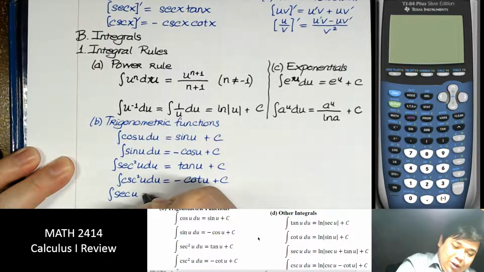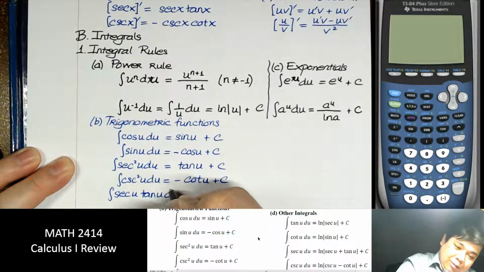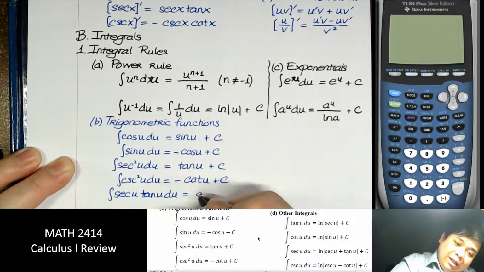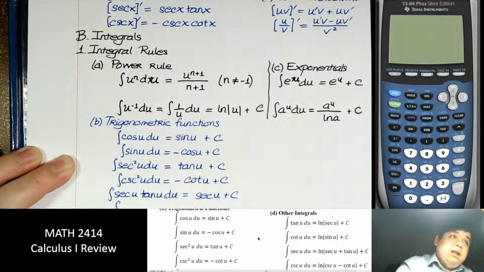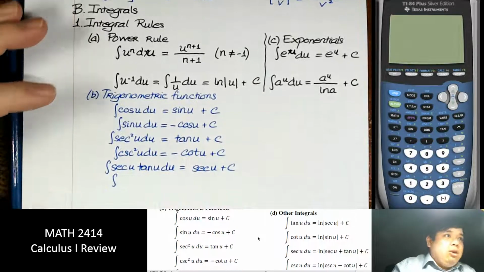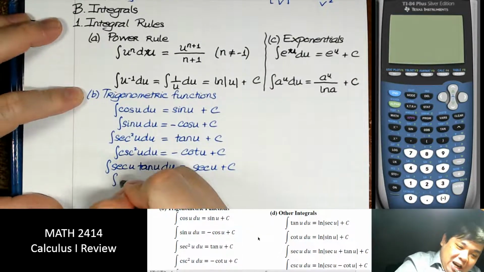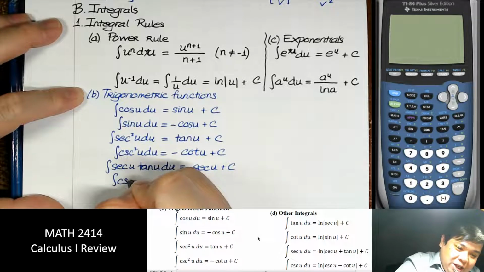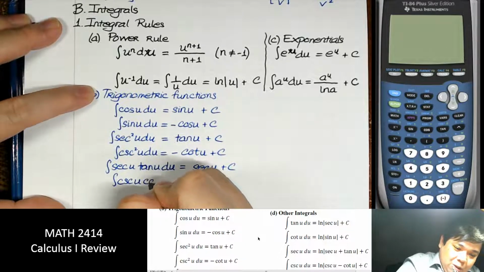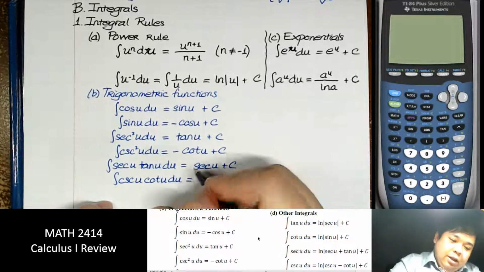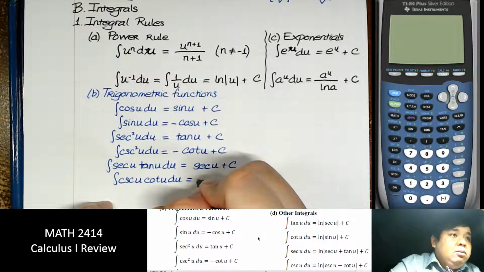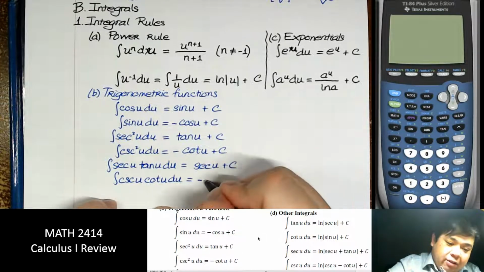Secant u tangent u, that is secant. Sorry, I tried to put everything on one page, so it's kind of small. Cosecant, cotangent is negative.